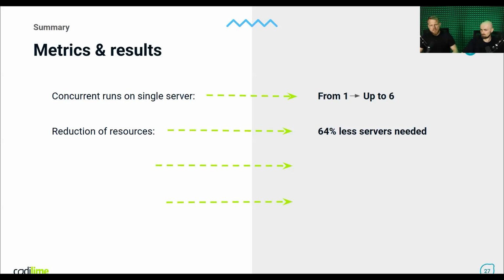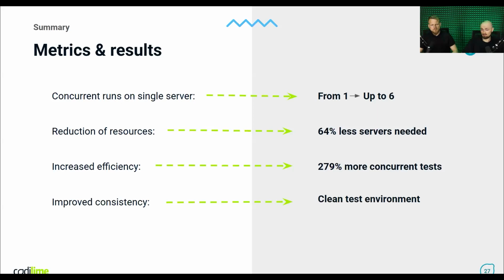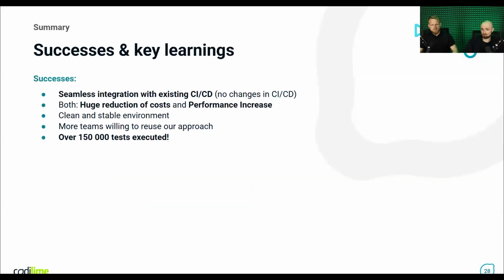The same number of tests now needs 64% fewer servers. We have increased efficiency because the resources we saved allowed us to run a total of 279% more concurrent tests. And all of this takes place in environments that are clean, predictable, and consistent.